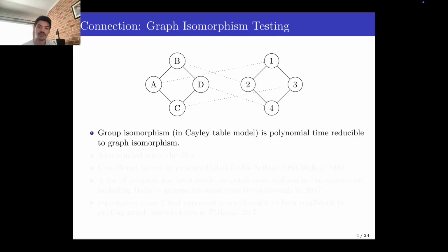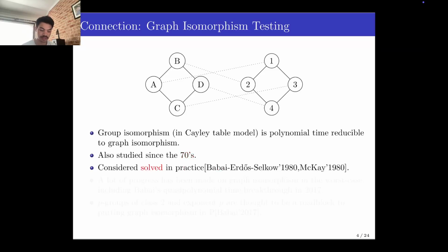And group isomorphism also relates to graph isomorphism. That's because group isomorphism is reducible to the graph isomorphism problem. These have also been studied since the 70s. However, interestingly, compared to group isomorphism, graph isomorphism is considered solved in practice.